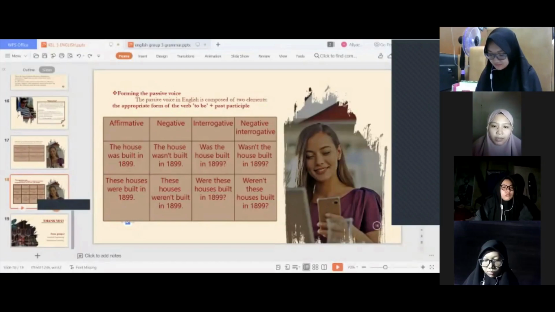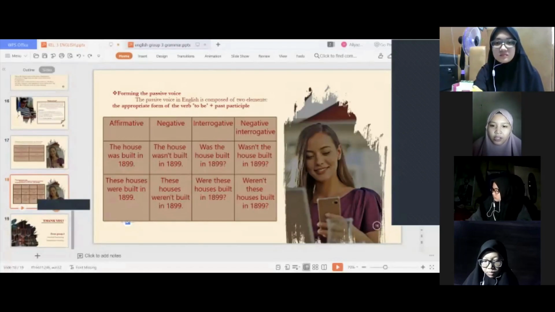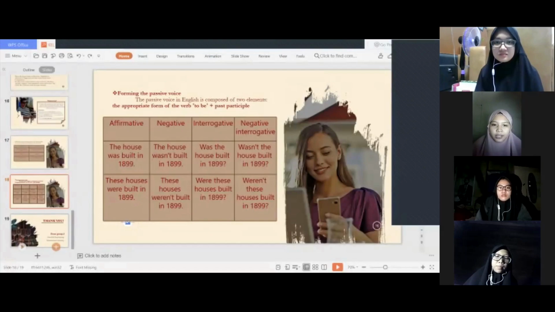Untuk kalimat negatifnya ada the house wasn't built in 1899. Untuk interrogatifnya ada was the house built in 1899. Dan untuk negatif interrogatifnya, wasn't the house built in 1899.